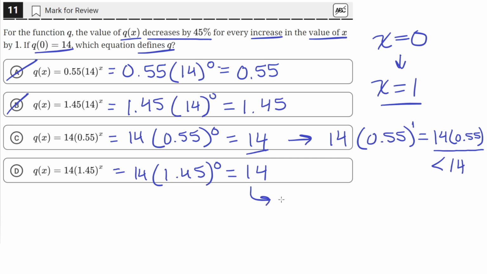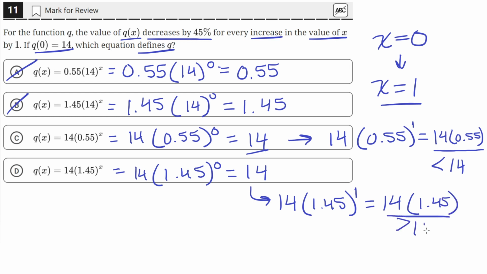When we plug in x equals 1 for D, we'll have the 14 and then 1.45 raised to the power of 1. We'll be left with 14 times 1.45. Okay, this quantity here is actually greater than 14, because 14 times something that is greater than 1 will always result in a larger number, since 1.45 is greater than 1.